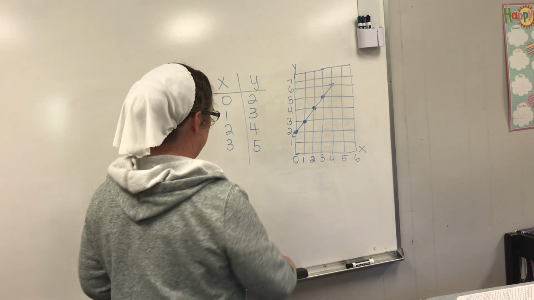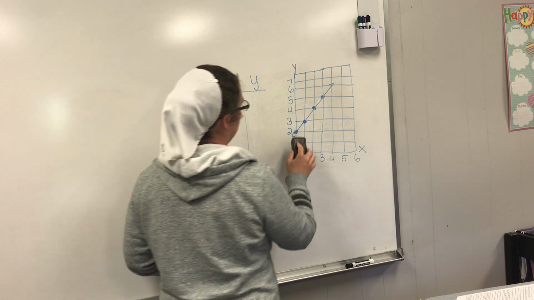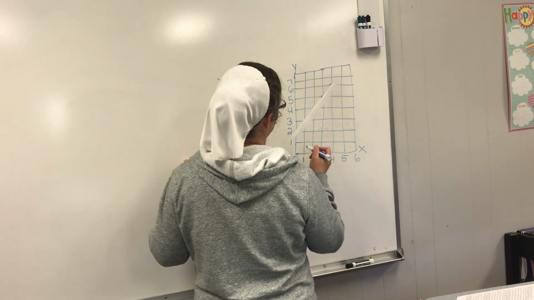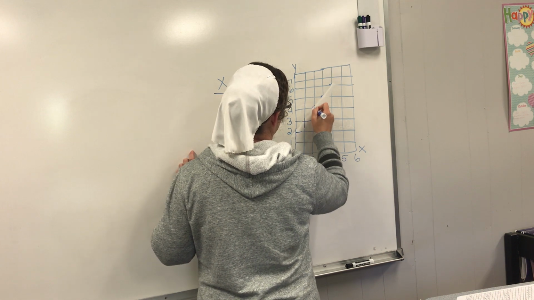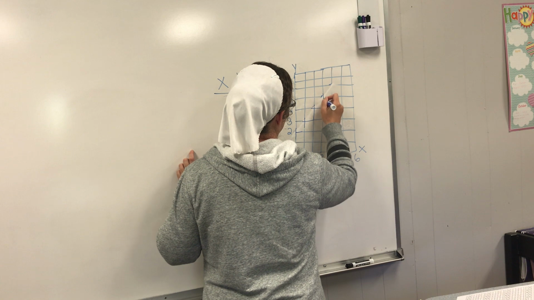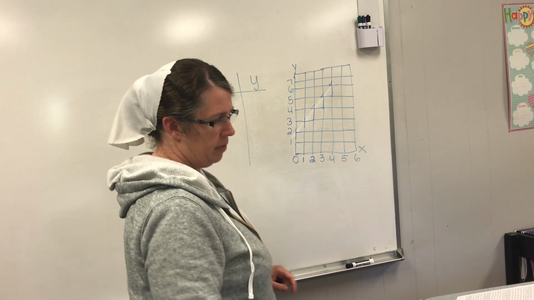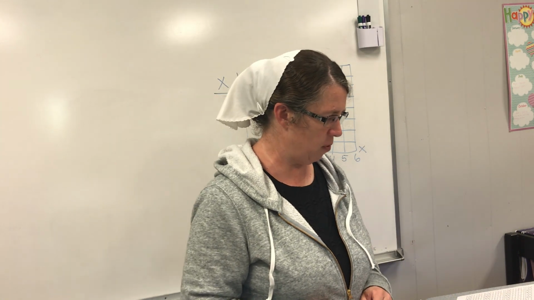All right, let's go to the next page and let's do some new ones that they give us over there. Solve the equation for each value on the table and list the ordered pairs.